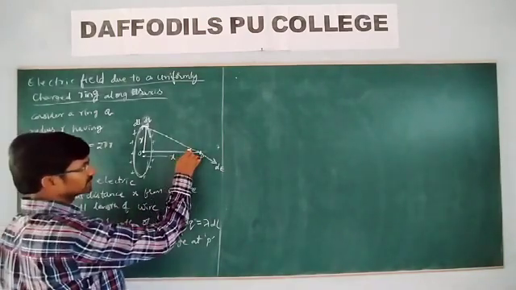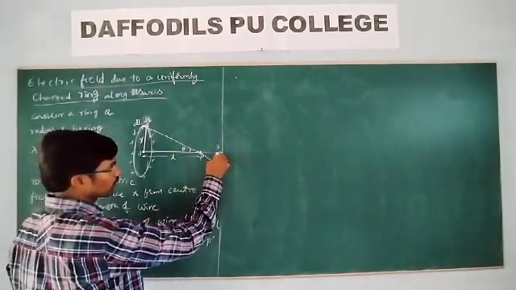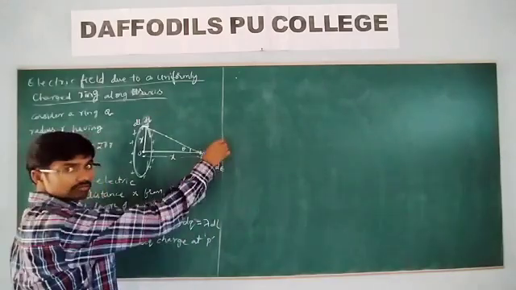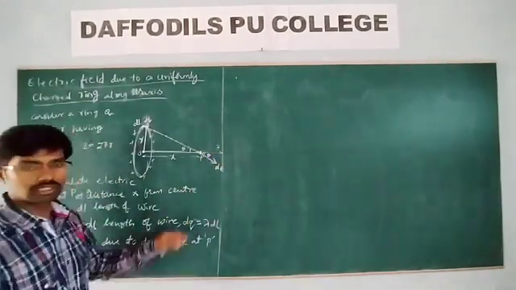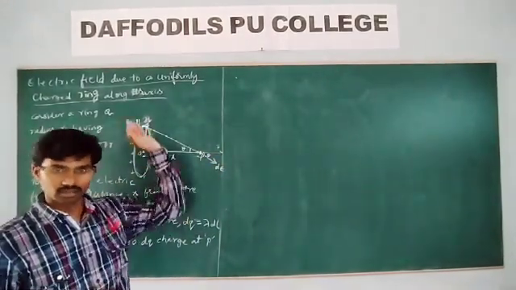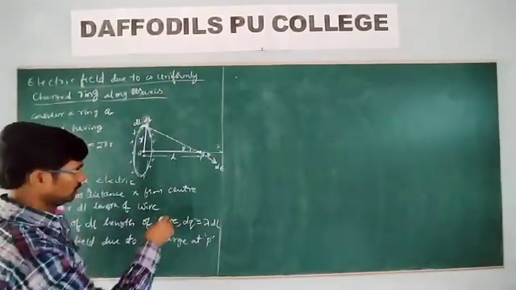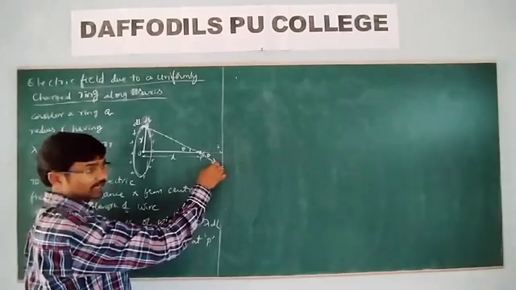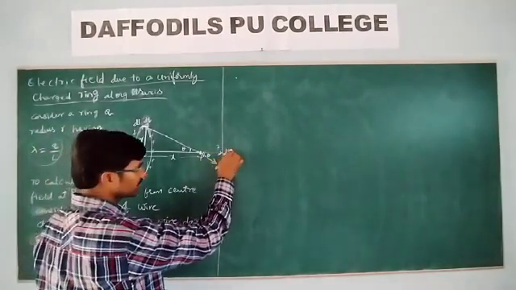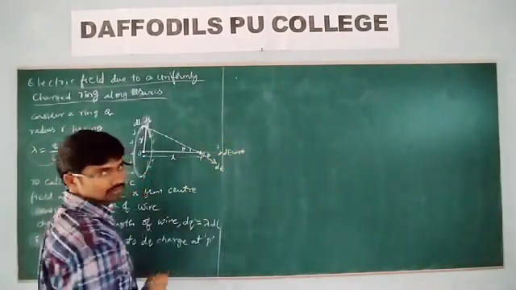Then resolve it into components. We have already done a similar thing for a dipole on an equatorial line. What is the component of the electric field along the axis? dE cos theta.